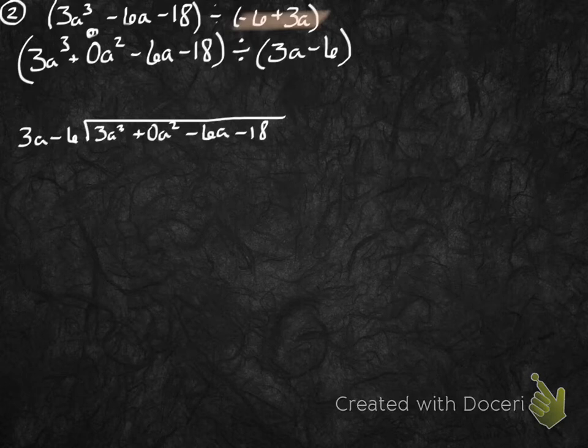First thing I'm going to look at is that first term. I need to multiply 3a by a squared in order to get 3a cubed. So a squared times 3a minus 6 gives me 3a cubed minus 6a squared.